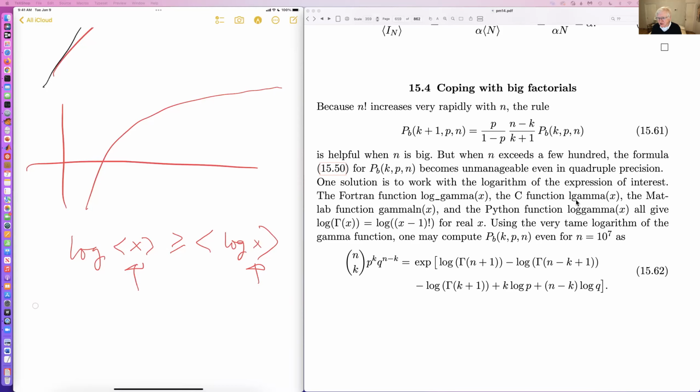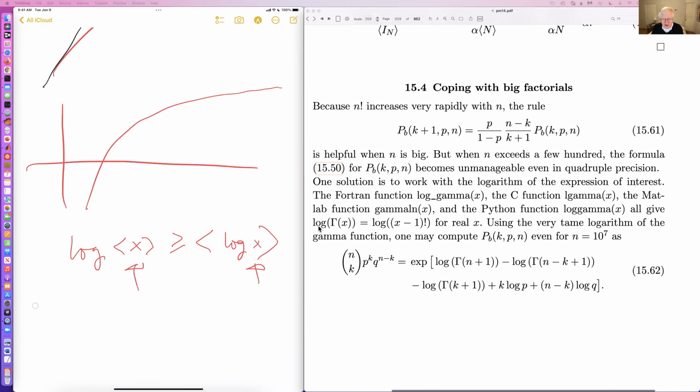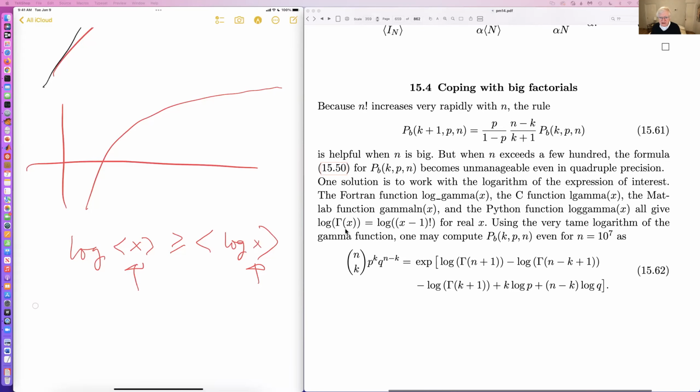The C function is lgamma of x. The MATLAB function is gammaln of x. The Python function is loggamma of x. And they all give the log of gamma of x as being the log of (x minus 1) factorial for real x. Presumably, many of them work for complex x.